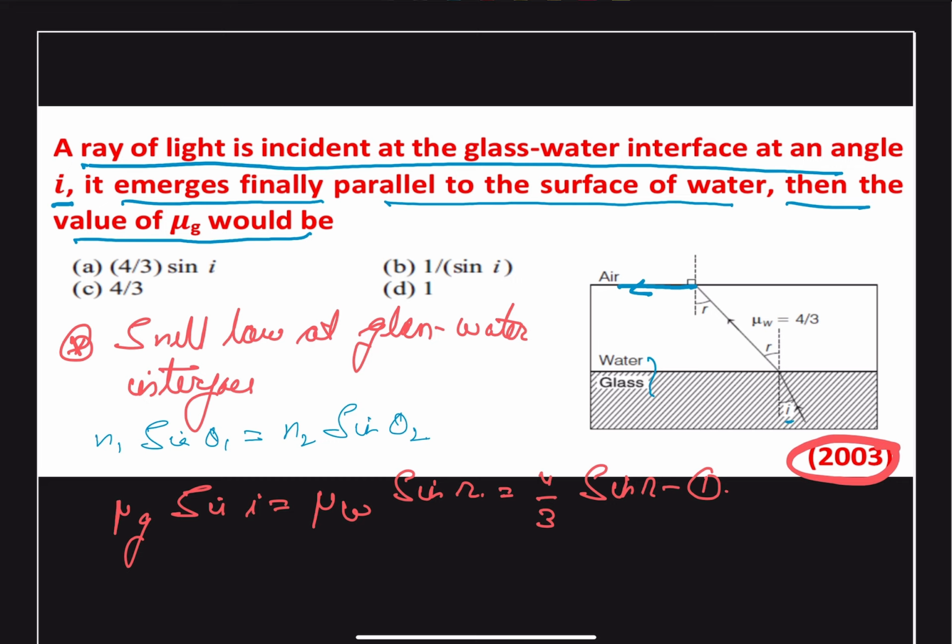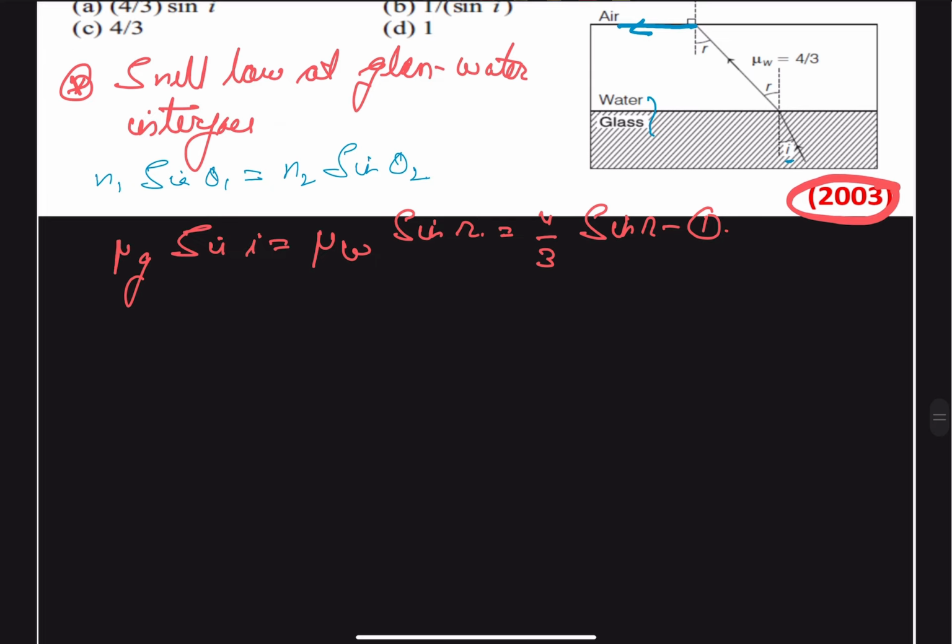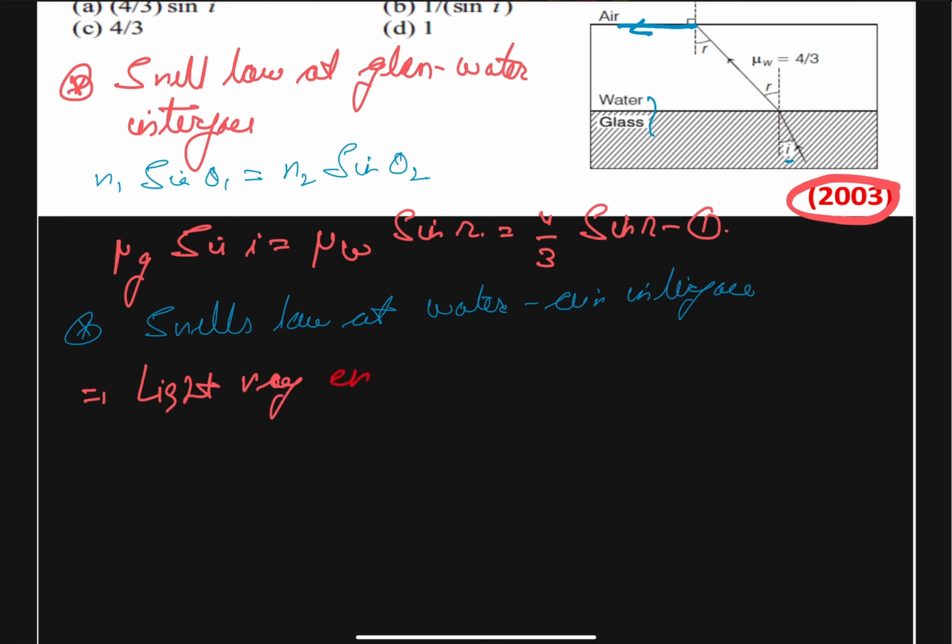And now we apply Snell's law at the water air interface. And this gives us, because it says that the light ray emerges parallel. Okay. So here we are given that the light ray emerges parallel to the water surface.